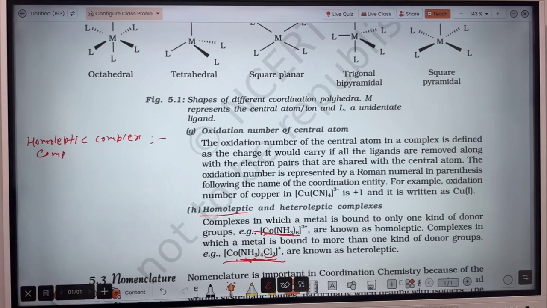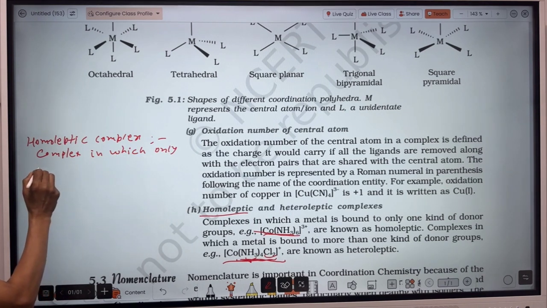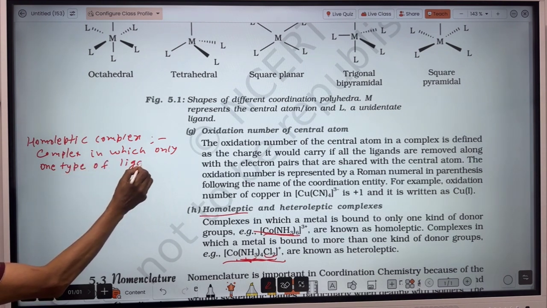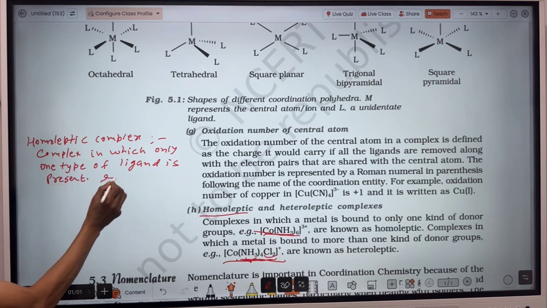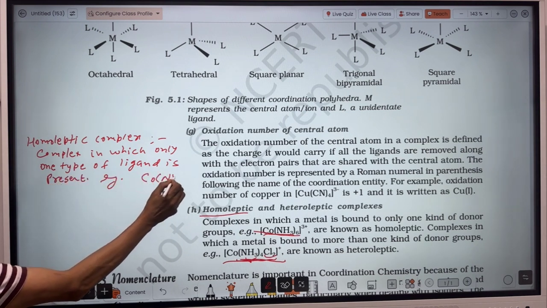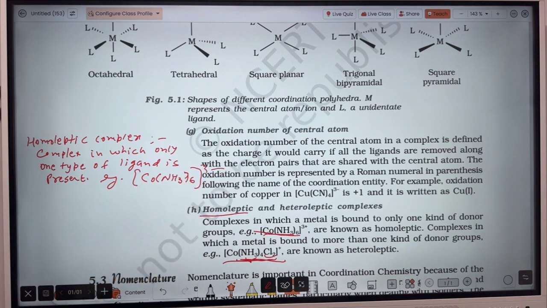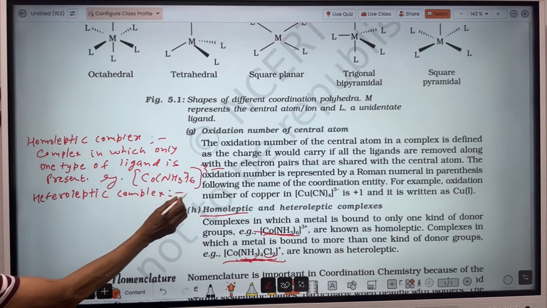A homoleptic complex is a complex in which only one type of ligand is present. Same for heteroleptic complex, you write that by yourself.